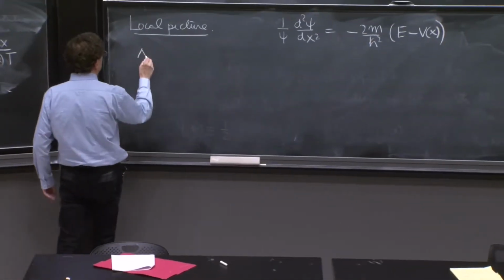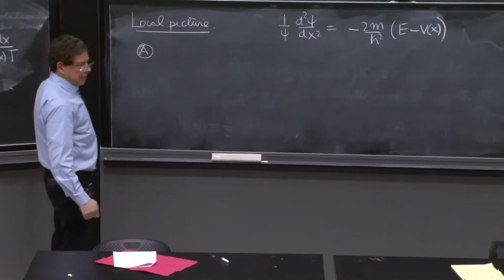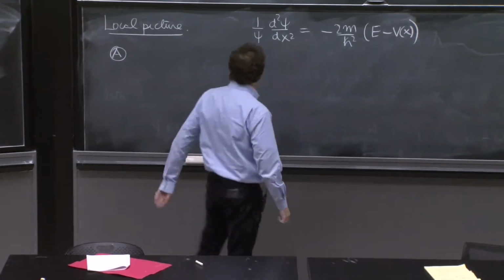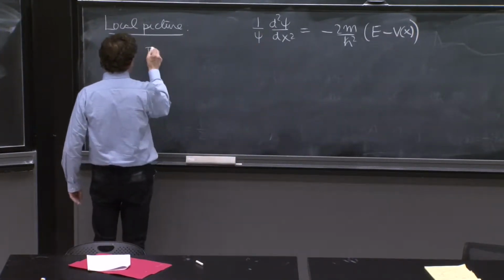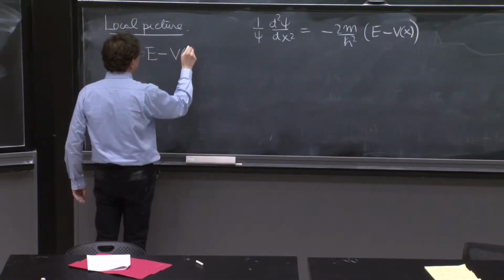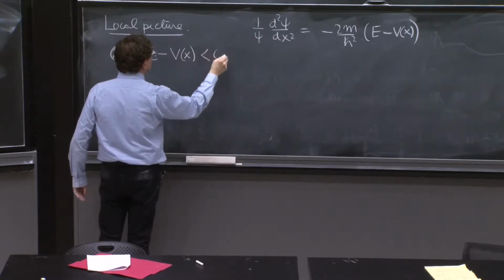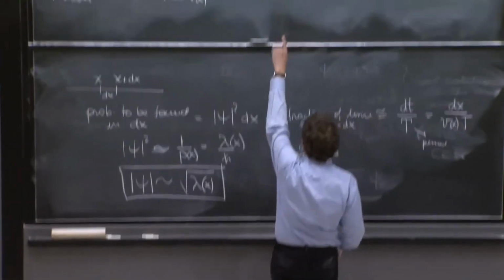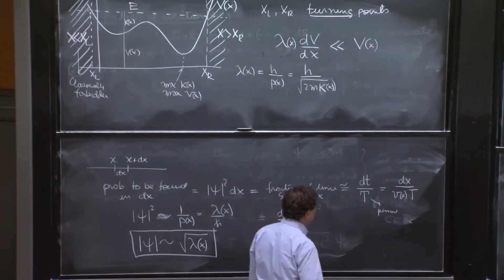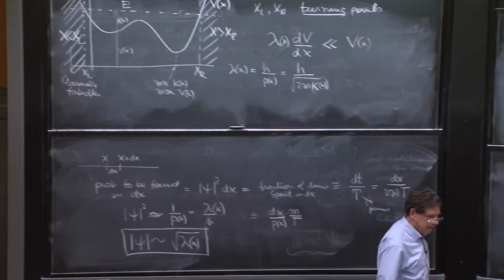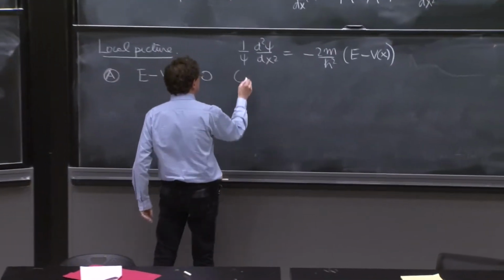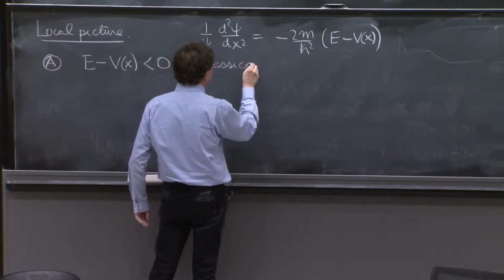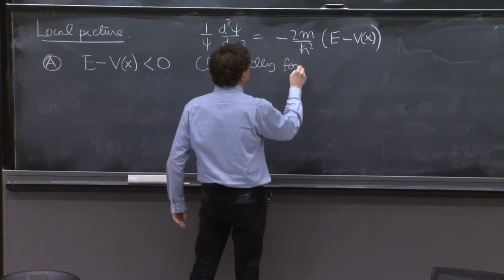The first case, A, is when the energy minus V of x is less than 0. The energy is less than V of x. That's a forbidden region, as you can see there. It's classically forbidden, not quantum mechanically forbidden, but classically forbidden.